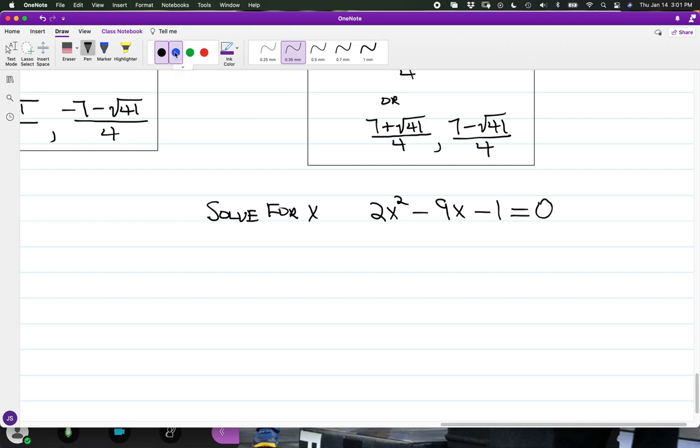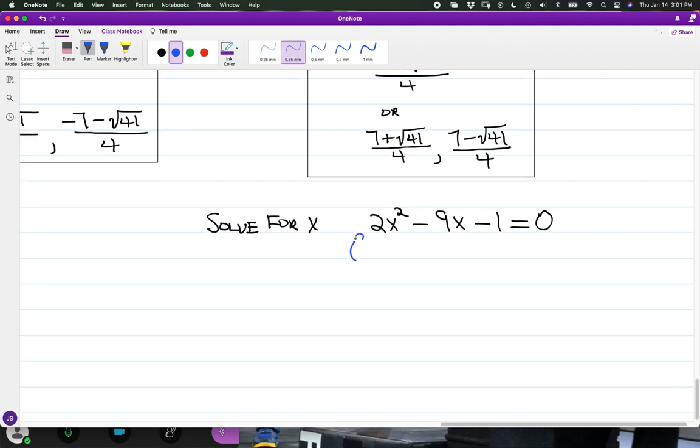And if we go with the quadratic formula pathway, again a is going to be represented by 2. And from negative 9x minus 1, this time b is at negative 9.